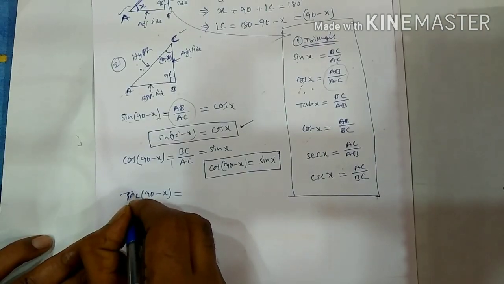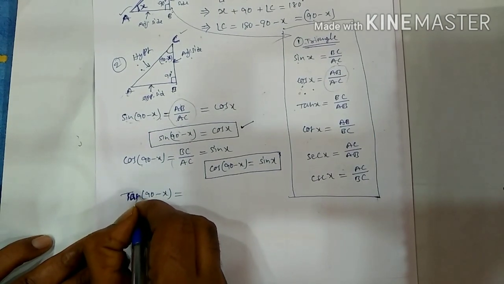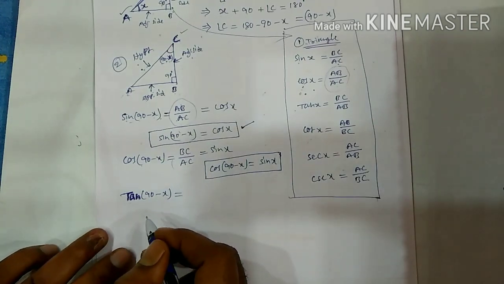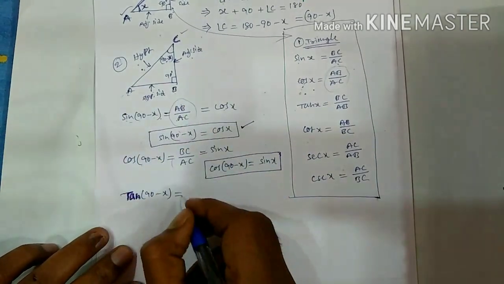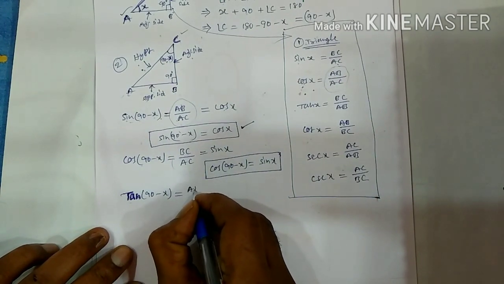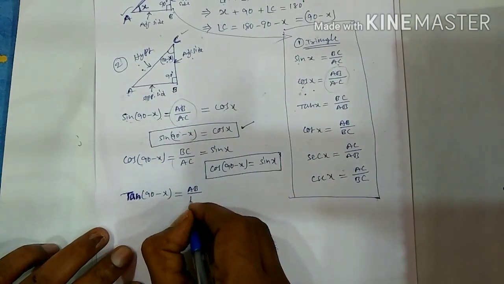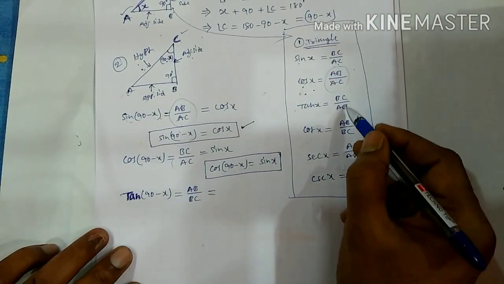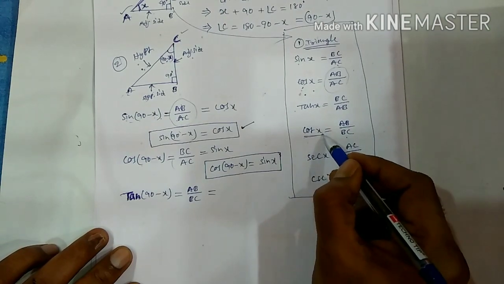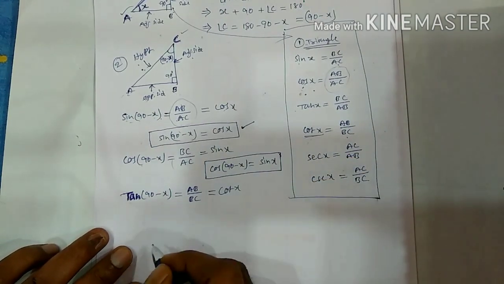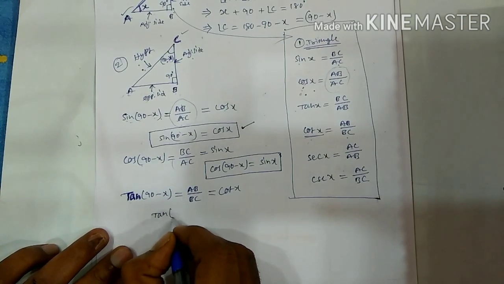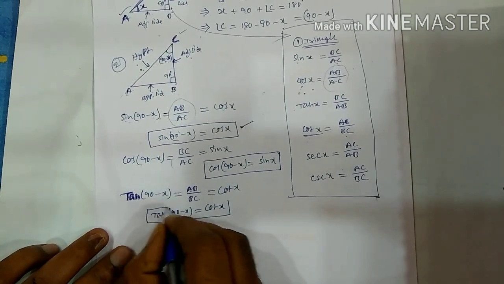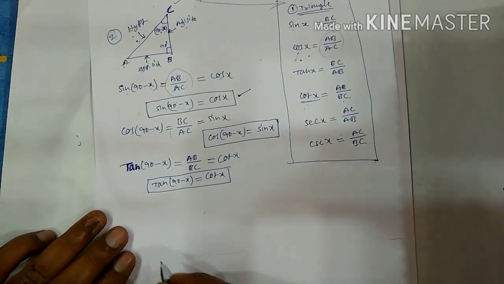Next one. Tan theta means opposite side by adjacent side. Opposite side here is AB, and adjacent side is BC. In the first triangle, AB by BC is cot X. So you write cot X. Now our formula is tan 90 minus X is equal to cot X. The third formula is over.